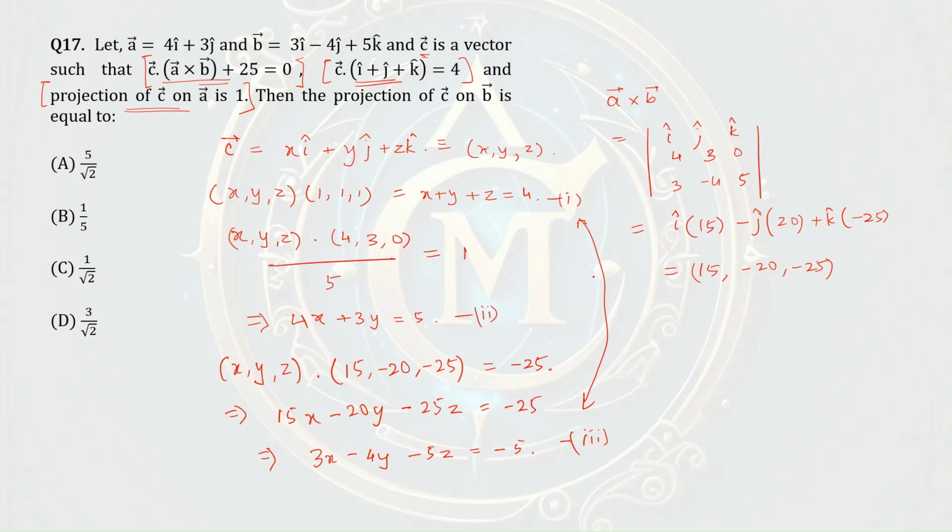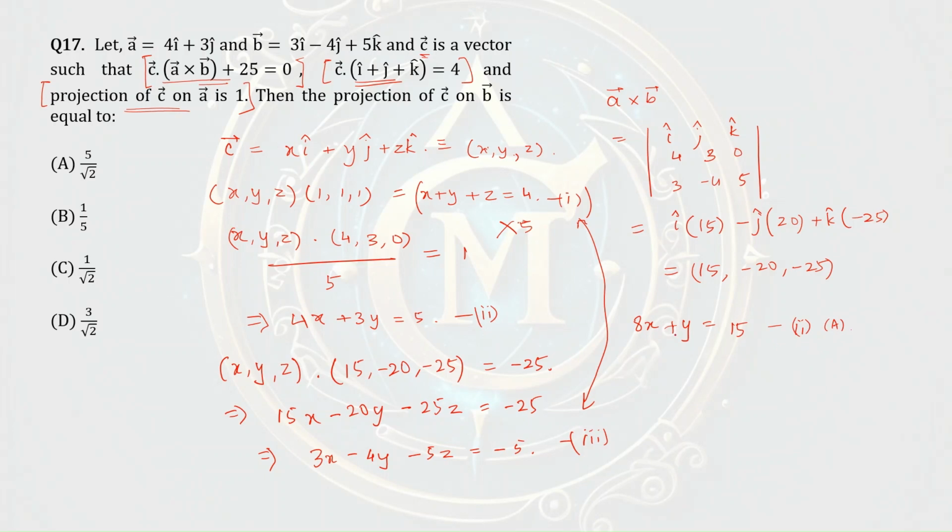So if we eliminate z from 1 and 3, we have to simply multiply equation 1 by 5 and then add. This becomes 5x plus 3x, so 8x, then 5y minus 4y, so plus y, and z gets cancelled, and then 20 minus 5, so 15. This is our equation 2a.